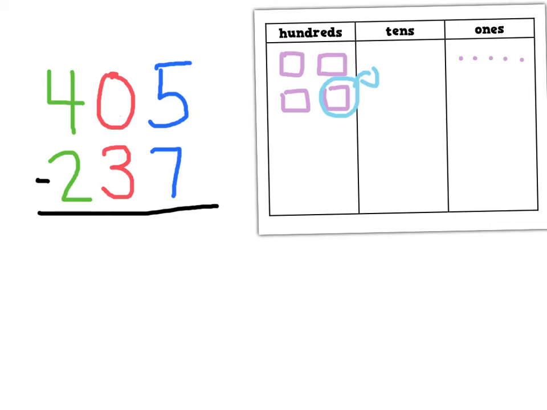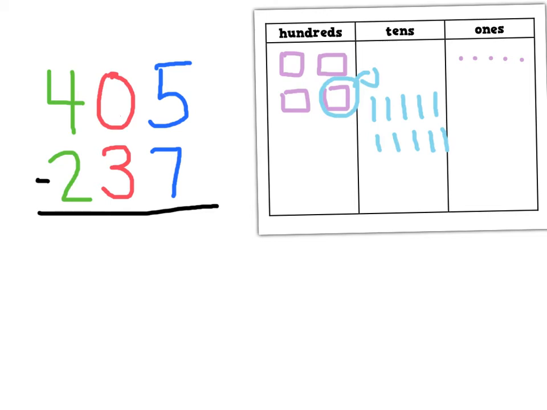100 is the same as 10 tens. 1, 2, 3, 4, 5, 6, 7, 8, 9, 10. I no longer have 4 hundreds. I only have 3. 1, 2, 3.